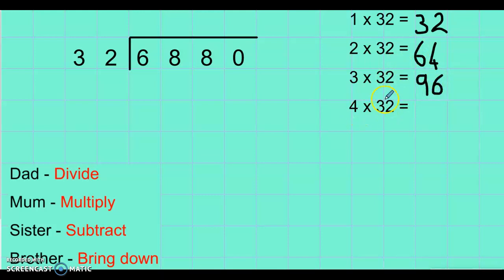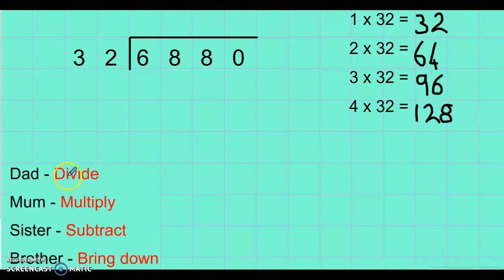And 4 lots, well, we can either add on another 32 from here, but I think what I'm going to do is to go to 2 lots and double it, because double 2 is 4, so double 64 will get us our answer there. So double 64, that would be double 60, that's 120. Double 4, that would be 8. So that's going to be 128. So let's get started now.